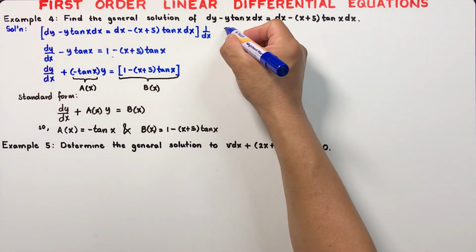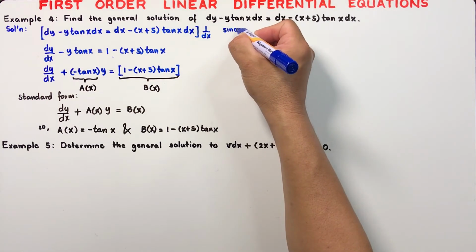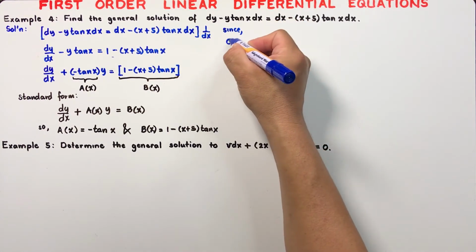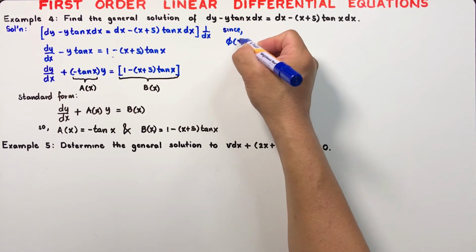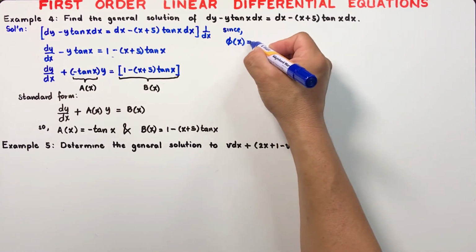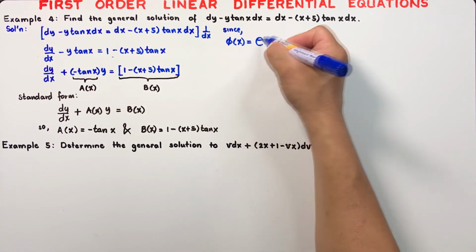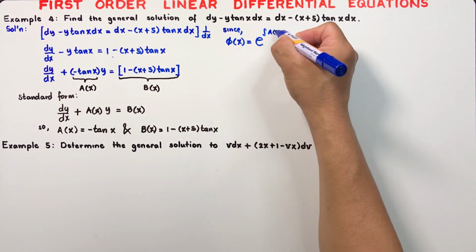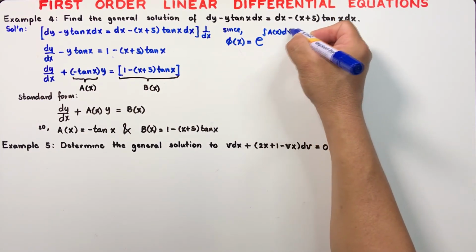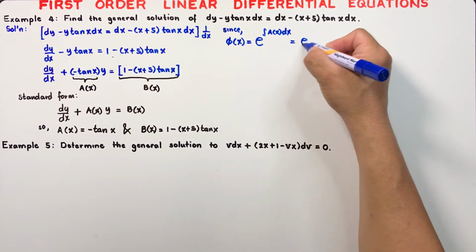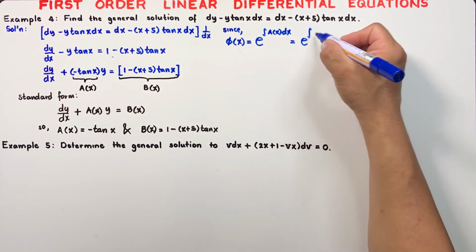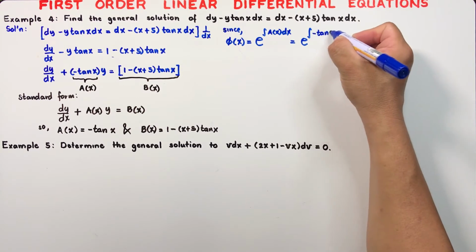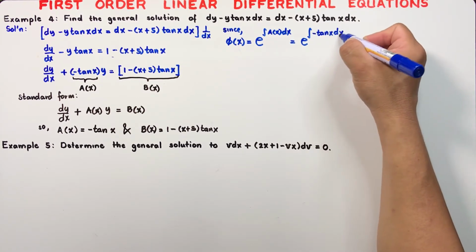And since we know already our a of x, then we can find our integrating factor phi of x, which is equal to e to the power of the integral of a of x dx. And our a of x is negative tangent x dx.